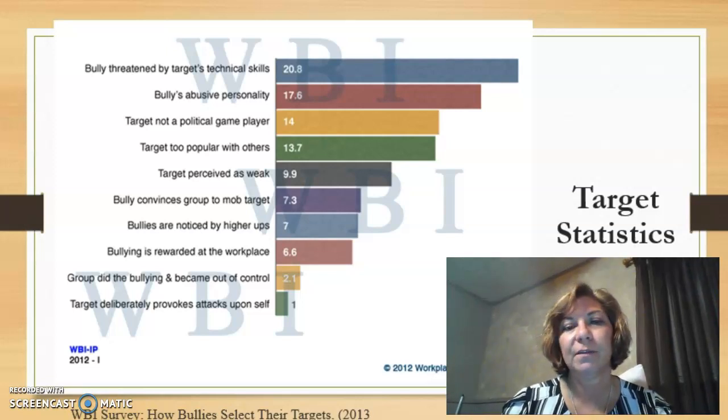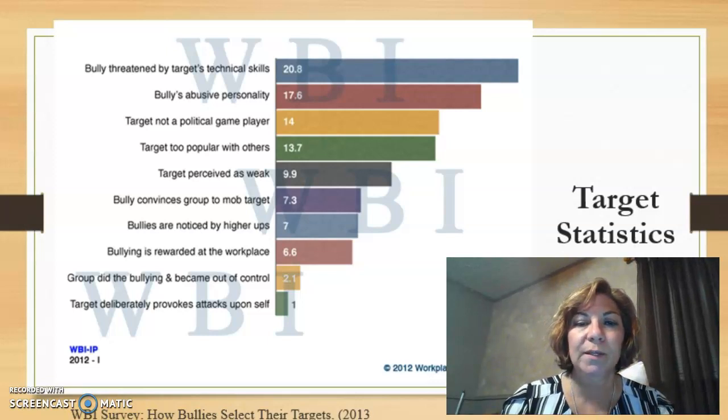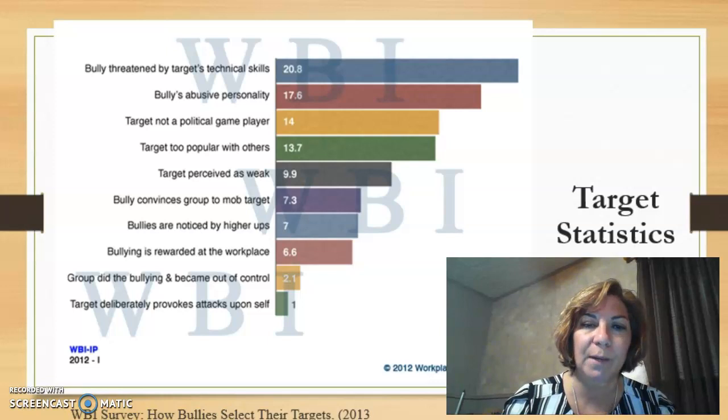That's kind of the thing that the bully does. The bully's rewarded at the workplace. That often does not tend to happen, so that's one of the reasons why they feel threatened.